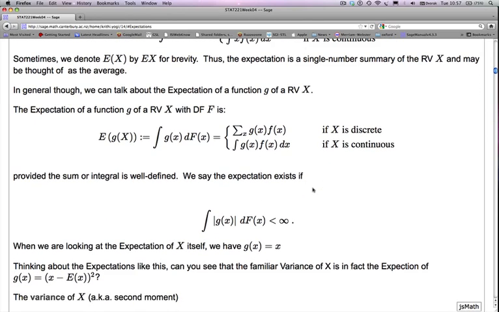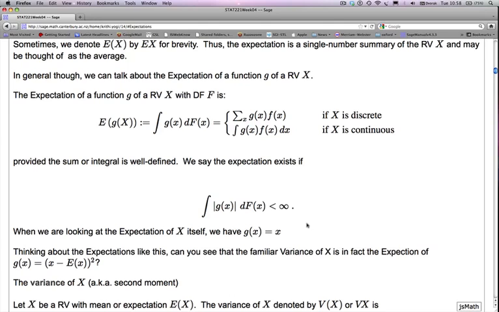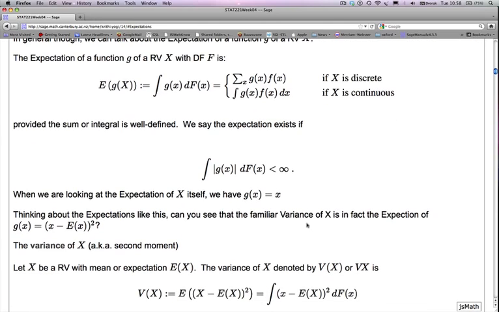So we say that the expectation exists if the integral of the absolute value of g of x dF of x is finite. We do have examples where expectations simply don't exist because they do not satisfy the condition that the integral of the absolute value is finite. When we are looking at the expectation of the random variable x itself, we have g of x equals x.